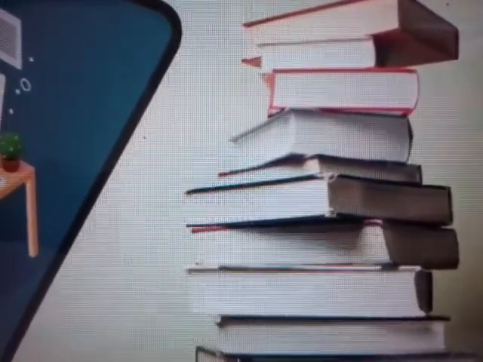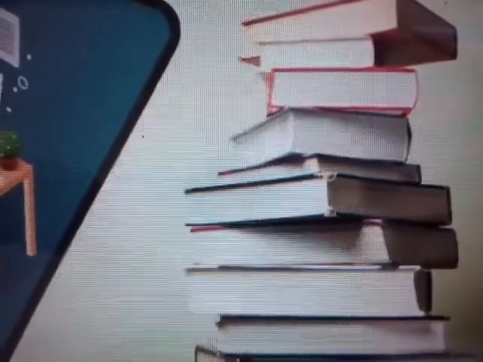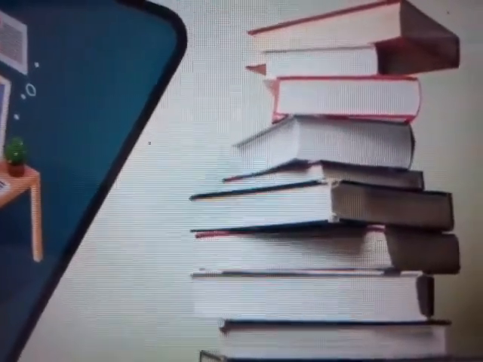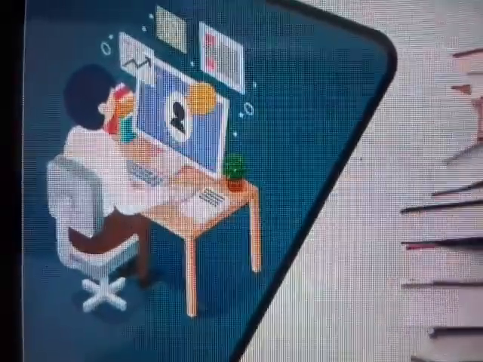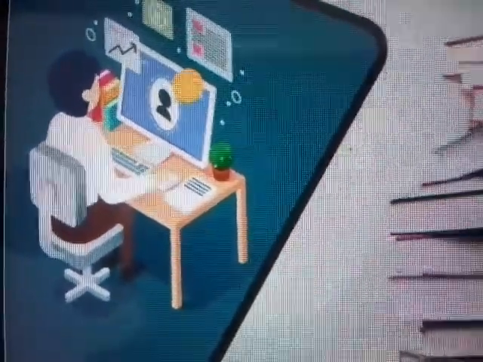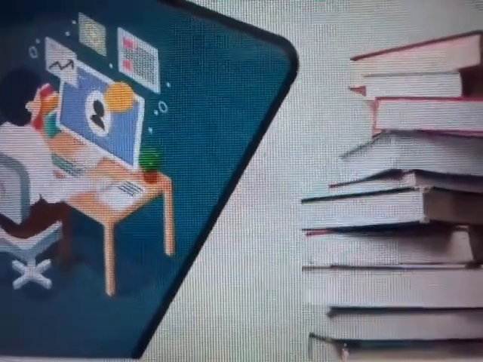And another example is businessmen used manual accounting books to record their accounting information. And there was a heap of these books on their tables which were really a mess and it's difficult to refer to them. But now they are using computer technology, which is much easier to use.